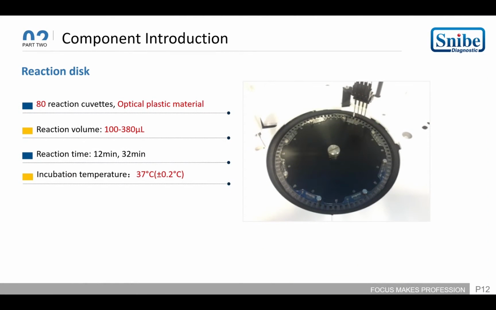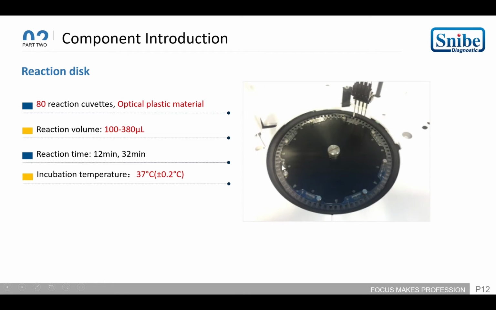Next one is about our reaction disk. We just mentioned there are 8 groups, right? We count together: 1, 2, 3, 4, 5, 6, 7, 8. 8 groups, and each group has 10 cuvettes. So in total there are 80 reaction cuvettes, made of optical plastic material.